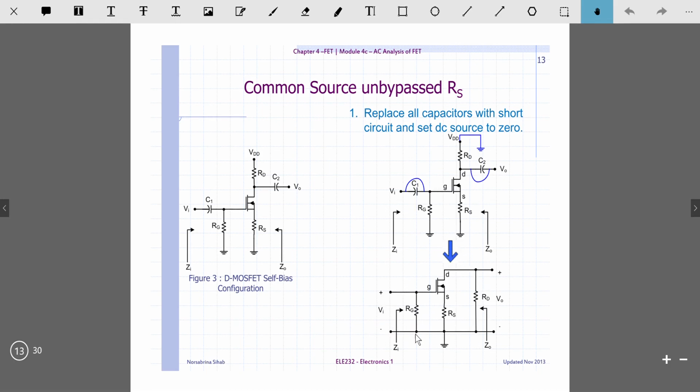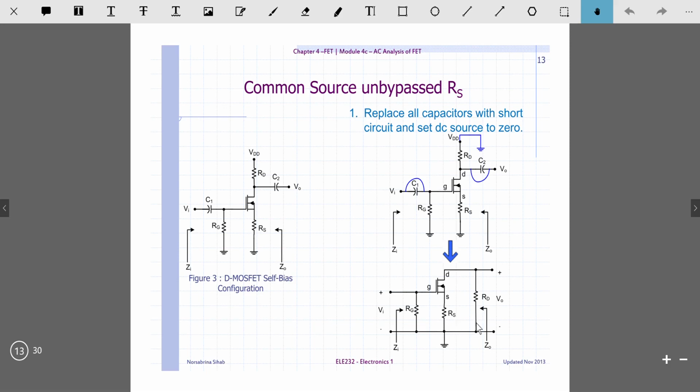As you can see, if you want to look at the input impedance, you have to look at this side. Here is the arrow. And if you want to look at the output side, this is the arrow for the output impedance.